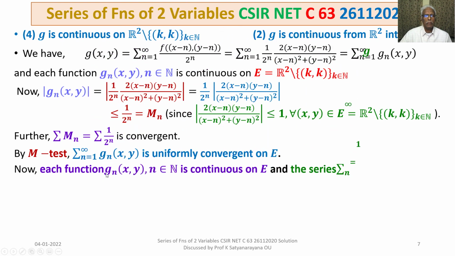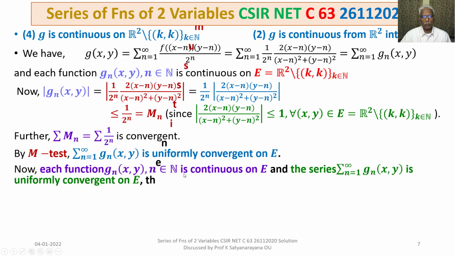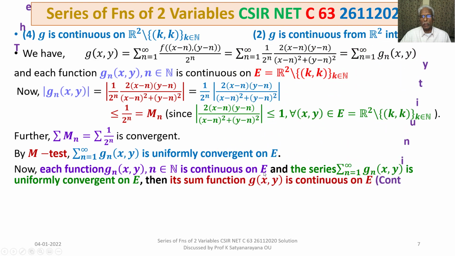Each function g_n(x, y), n belongs to N, is continuous on E. That is each term of that series. And this series sigma n equals 1 to infinity g_n(x, y) is uniformly convergent on E. Then its sum function g(x, y) is continuous on E, and this theorem is called the continuity theorem.